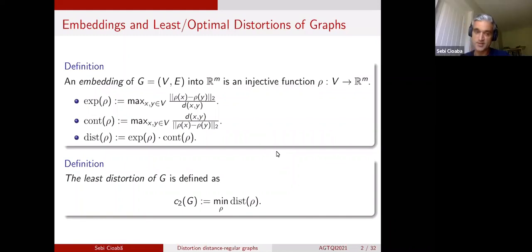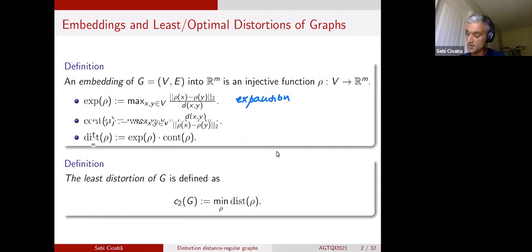Associated with this embedding, you have these quantities. The first one I denote by X, that's my notation, but it's usually called the expansion of rho. Since everything that we're talking about is finite, it's the maximum over all the vertices x and y of the ratio between the distance in Rm between the images of these vertices x and y, and the distance d(x,y) in the graph between the two vertices.